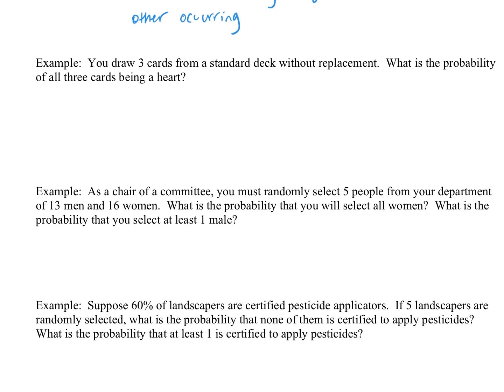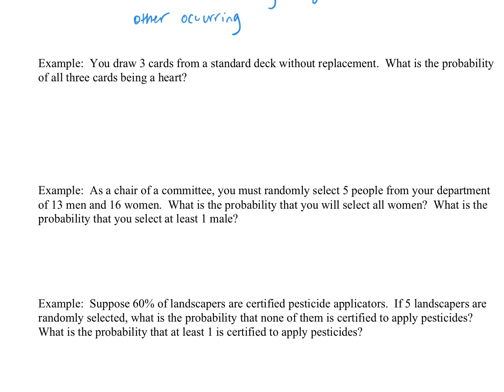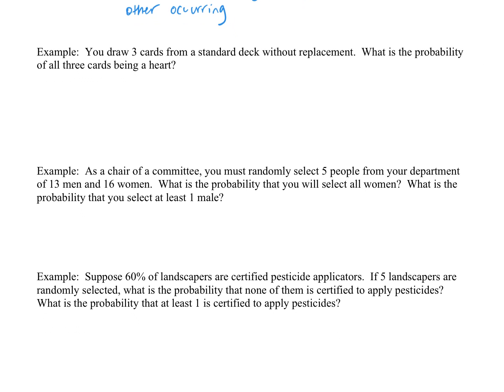You draw 3 cards from a standard deck without replacement. What's the probability of all 3 cards being a heart? Talk me through it. 13 hearts in the deck. At the beginning of a standard deck there are 13 hearts out of 52 total. So the probability the first card is a heart is 13 out of 52.